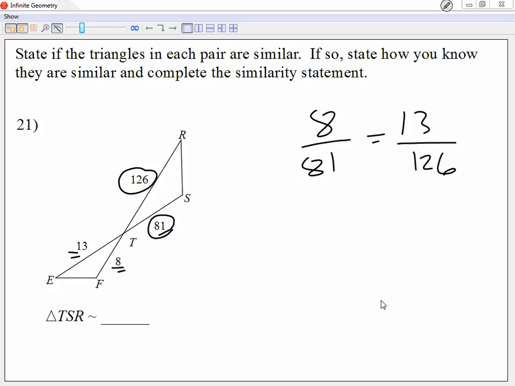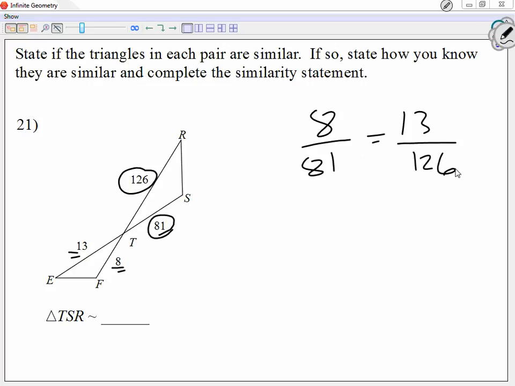Two ways to check if they're proportional. Cross multiply: 8 times 126 should equal 81 times 13. That's one way. The other way is to simplify each fraction, and it should simplify to the same thing.